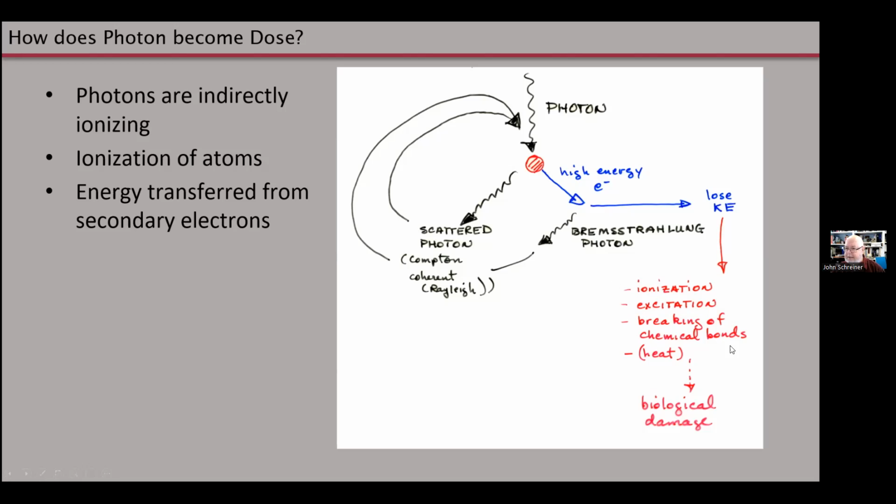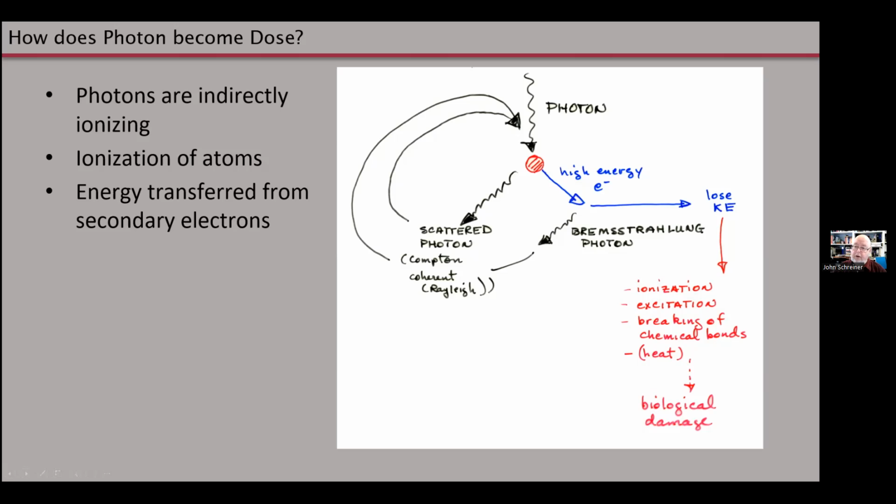This ionization and excitation will have chemical outcomes. Especially if this is happening in water, and much of our tissues have a lot of water in them, we get a lot of radiolysis, radiation chemistry happening in the water.